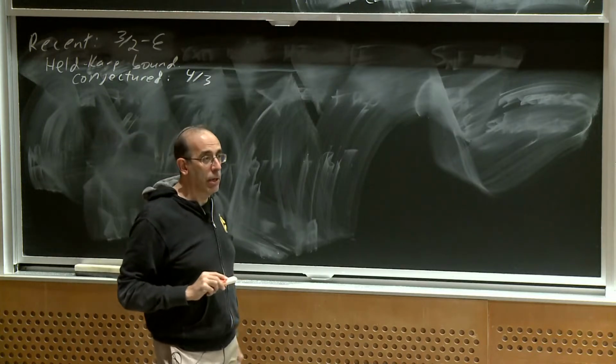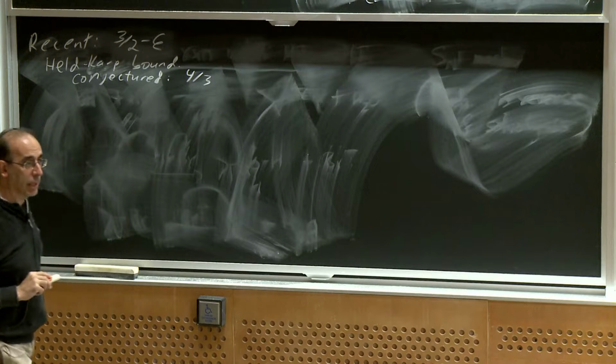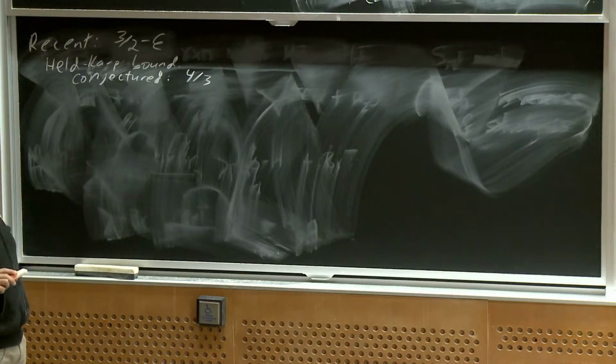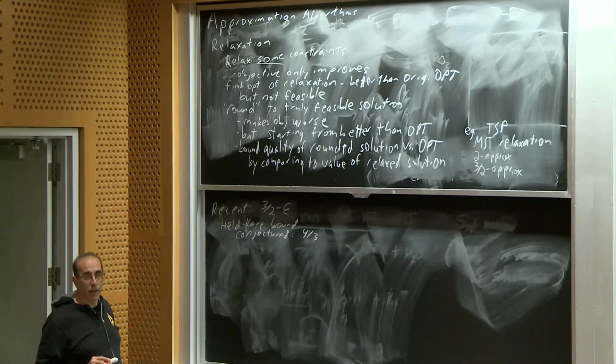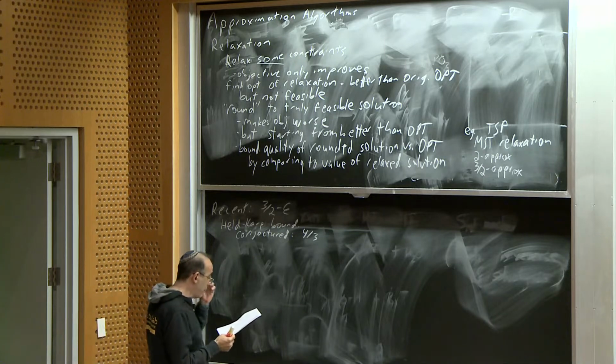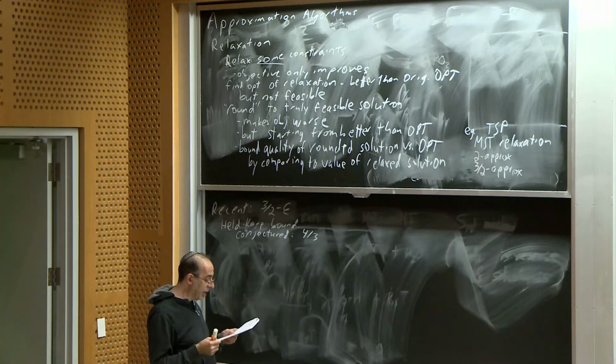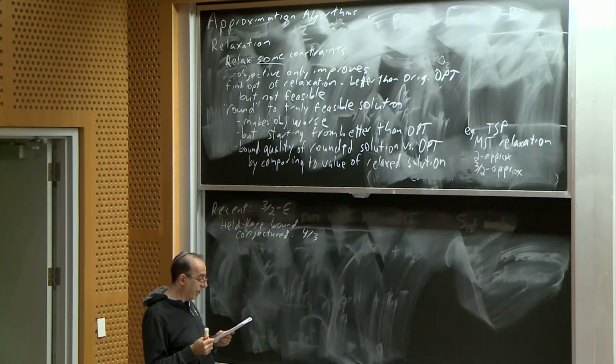Significantly improving on Christofides' heuristic. There's been a lot of work, and nobody's ever found a counterexample to that, but also nobody has been able to prove that it does this well. Okay? And I'll come back to the Held-Karp relaxation after I've taught you a bit more, because there's another way to look at the Held-Karp relaxation, which is also quite interesting.